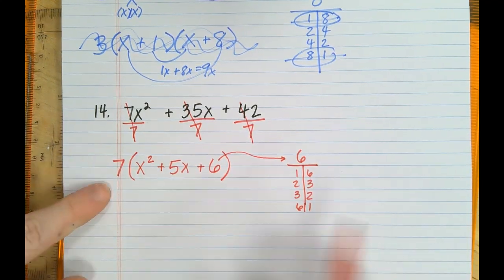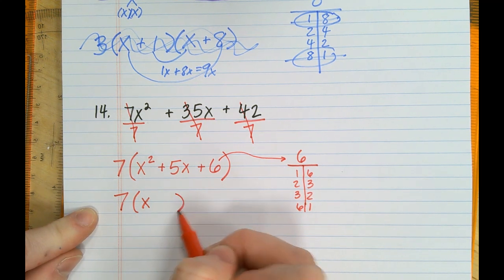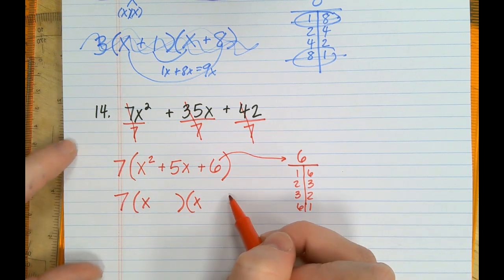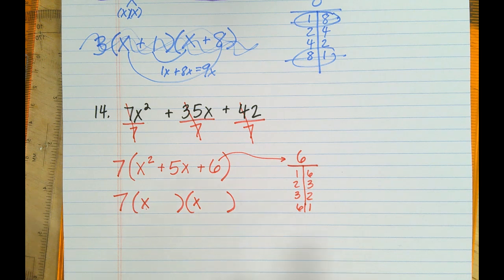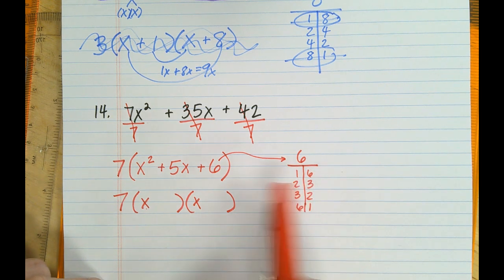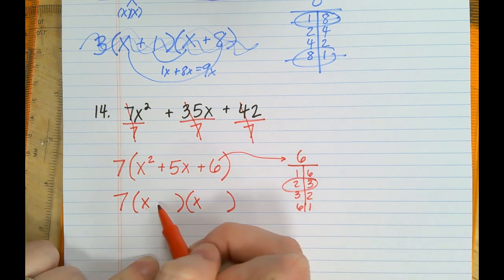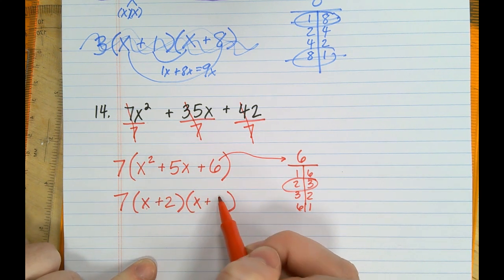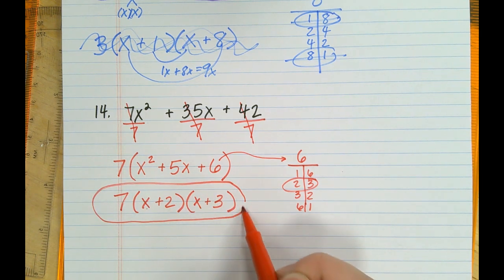So what's our answer going to look like? 7, and x plus something. Because A is 1. I get 2 and 3. That's a great idea because we need it to add up to 5x. So 2 and 3 look pretty good. Let's do it. And that's the answer, guys.